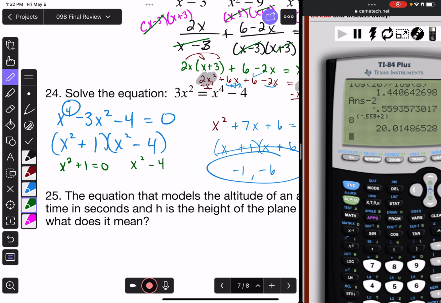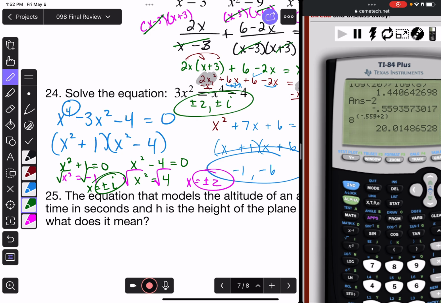You could factor the x squared minus 4 further. You don't need to, though. We'll solve with the square root method. Get plus or minus 2. You're square rooting a -1 here, so we get plus or minus i, square root of -1. 4 answers to it. Plus and minus 2, comma, plus and minus i. And that is 24.